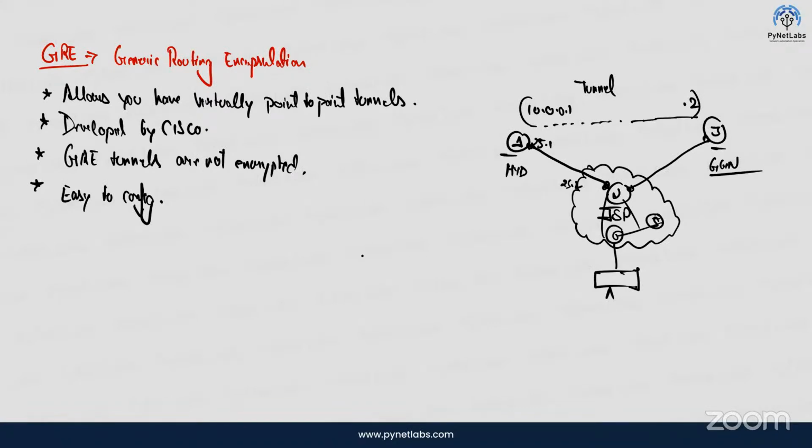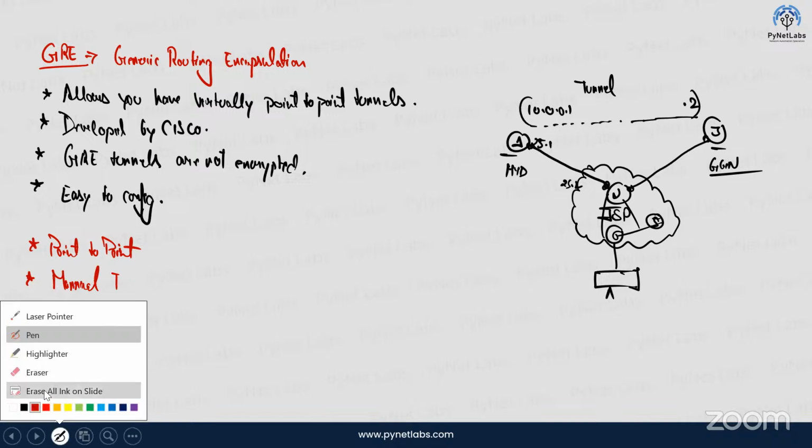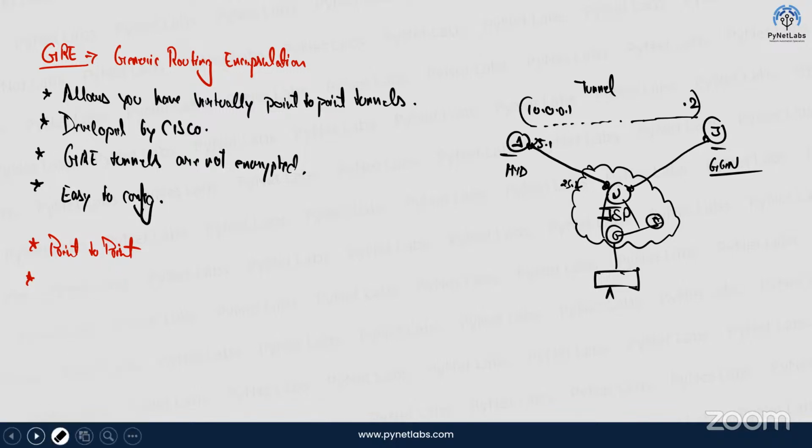As in GRE tunnels, we have seen that it was point to point. Along with that, there were manual tunnels, manually defined tunnels.